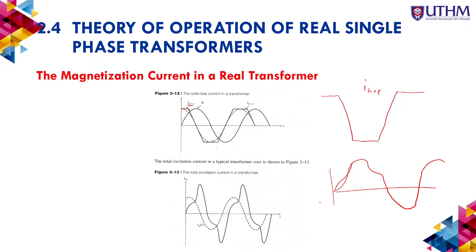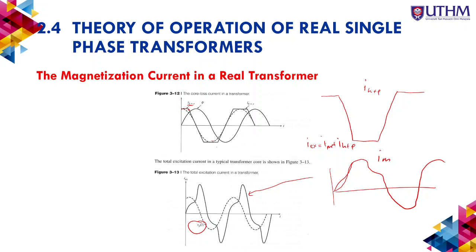So plus this together, the excitation current IM plus I H plus E will be like this graph. The dot is the voltage. So this is the summation, the total excitation current.